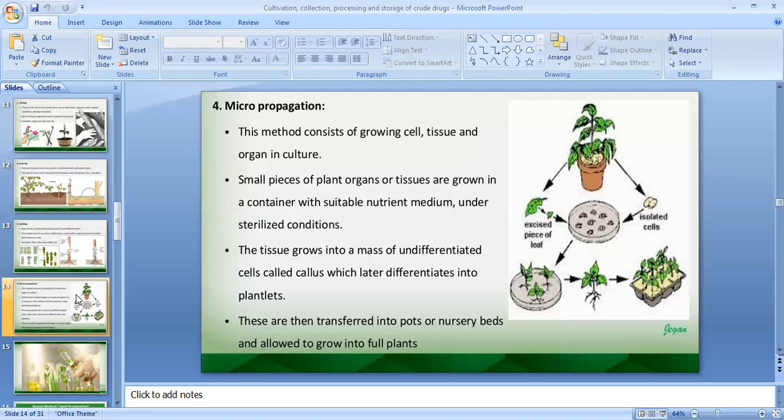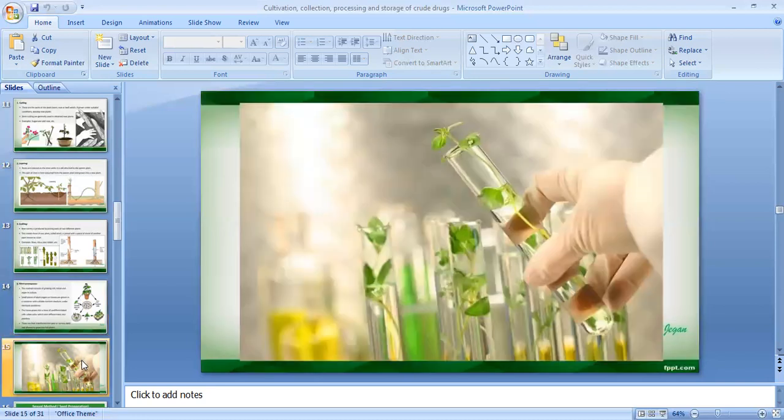These plantlets are transferred into nursery beds or pots. This method is known as micropropagation. So we have finished the micropropagation method. This is another picture of the micropropagation method.